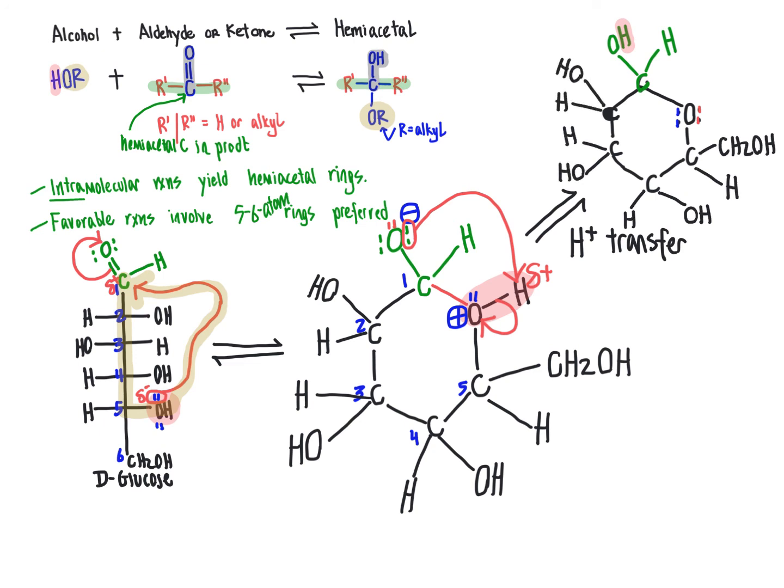And again, since we're not showing stereochemistry in this particular video, it doesn't matter whether you put the OH here and the H here. As long as they're connected to the same carbon atom, you're in good shape there. And then at this point, we're back to position number 1.